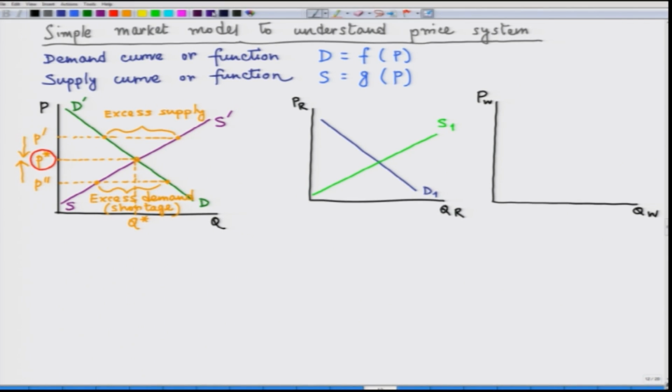Let us have the demand function, say DW1, and let us also superimpose the supply function. Let us call the supply of wheat S1W.